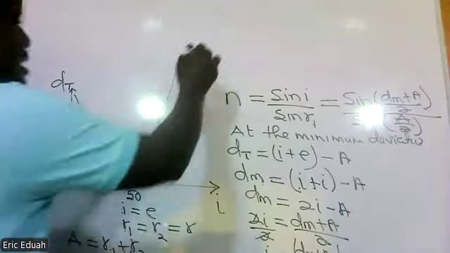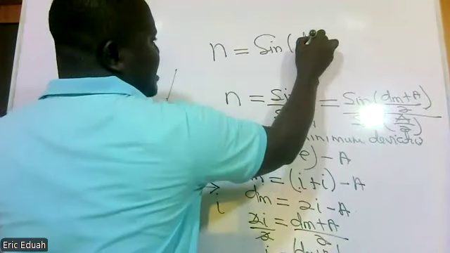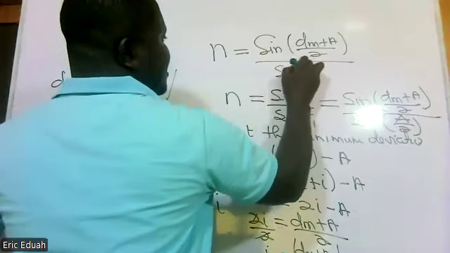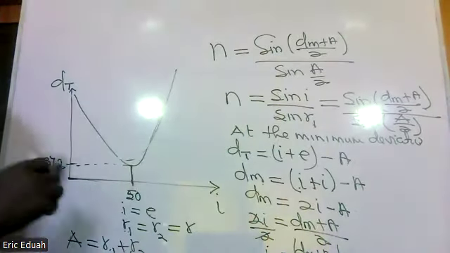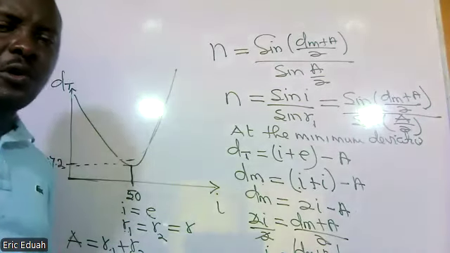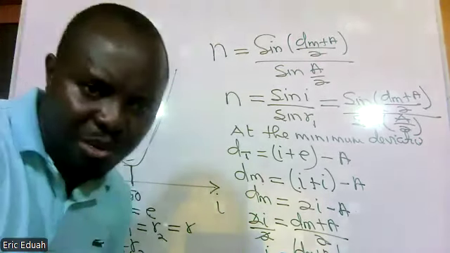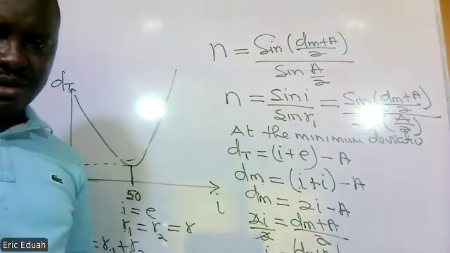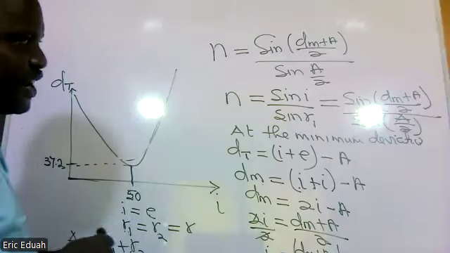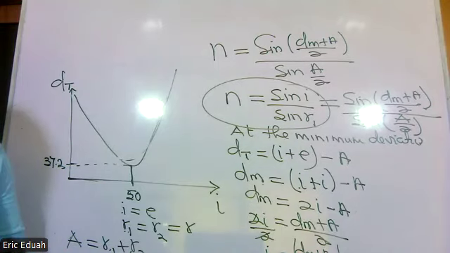So this formula, sine of D minimum plus A on 2 over sine A on 2, is the formula that can be used to calculate the refractive index of the prism at minimum deviation. What you are expected to obtain will not be different from the refractive index without minimum deviation. Take note of that.